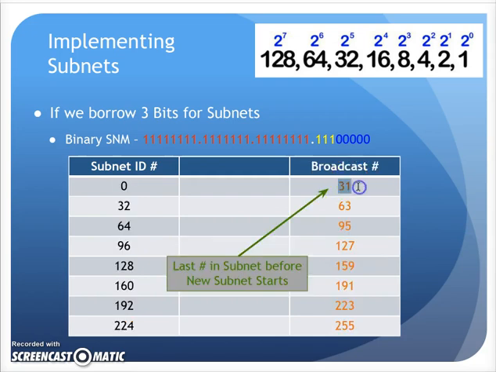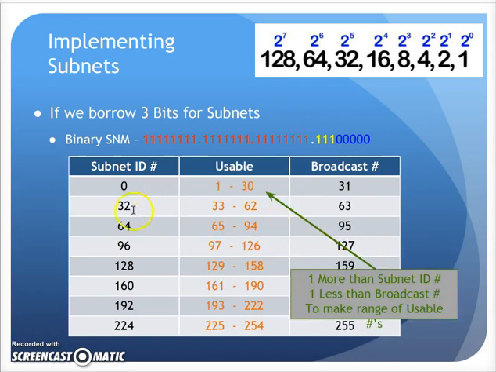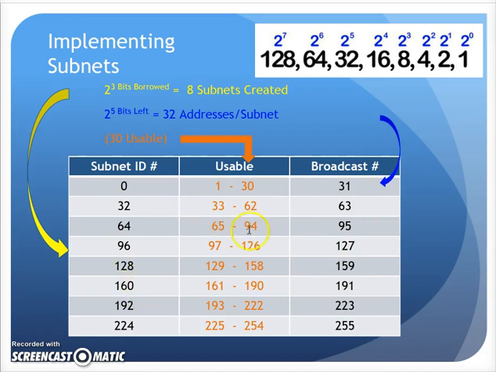Other end of the range, 31. This starts at 32, so this has to end at 31. I will put the other end of my range in the other column, my broadcast address column, and the usables will be in the middle. One more, 1 to 30, and that is one less than the broadcast. Okay, so there is my chart of my network numbers, usables, and broadcast addresses.